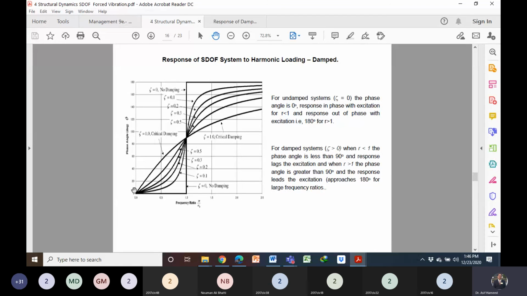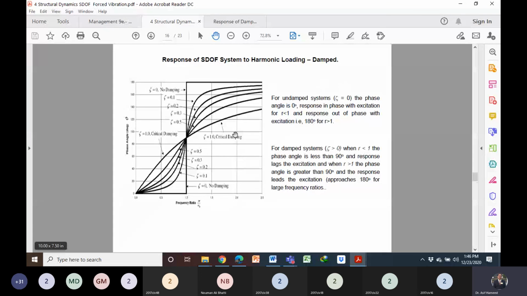When omega over omega n is greater than 1, the phase angle will be 90 to 180 degree, and it approaches 180 degree for very high frequency ratios.